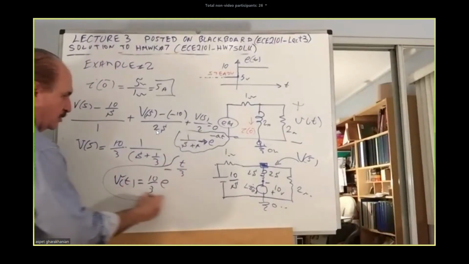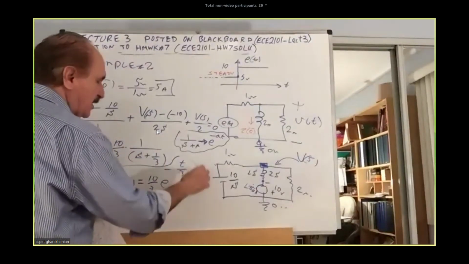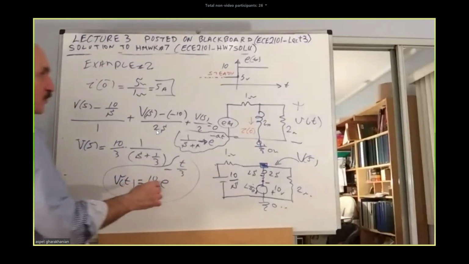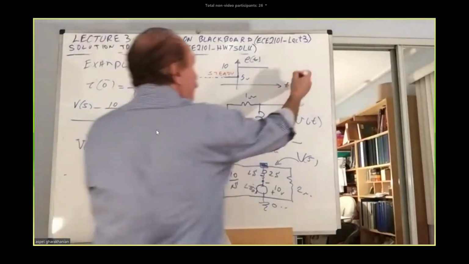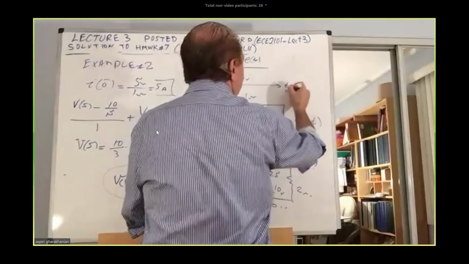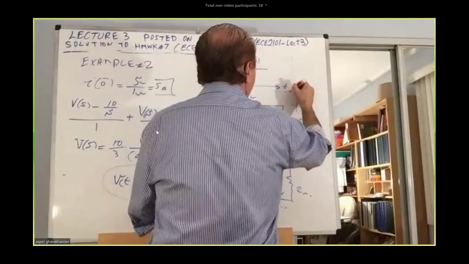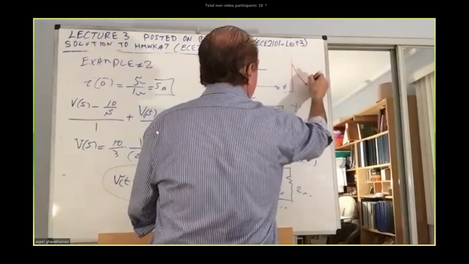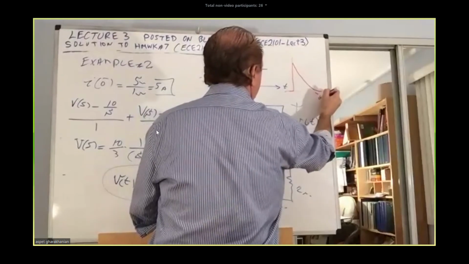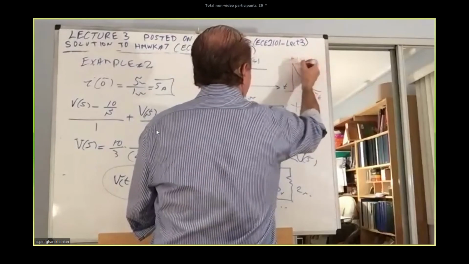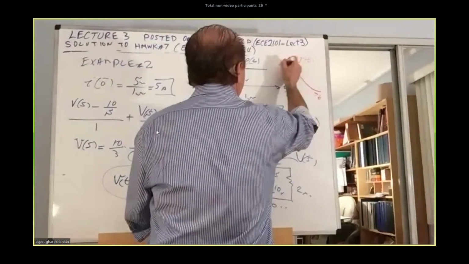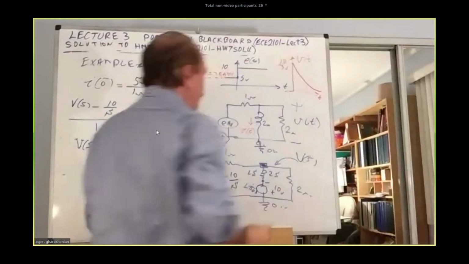That is your solution, and that means the answer would be a curve that will go up, but then eventually will go down to 0. This is the v of t, and this will be 10/3 of a volt.